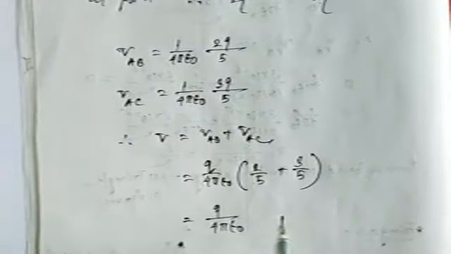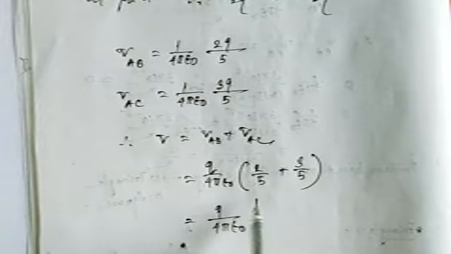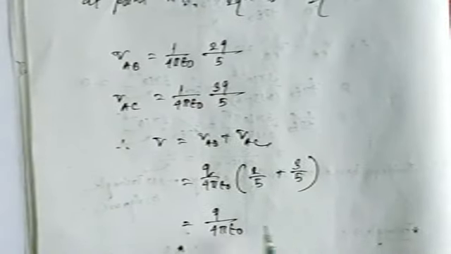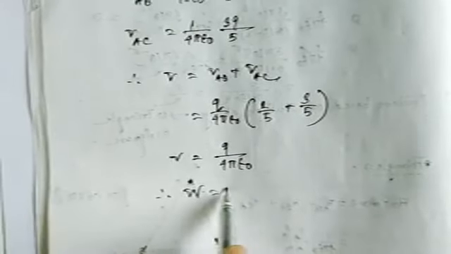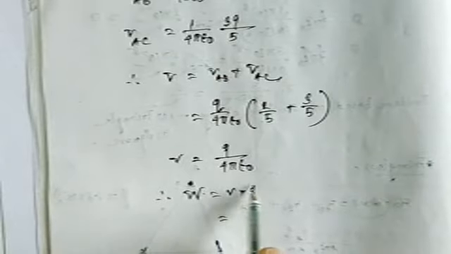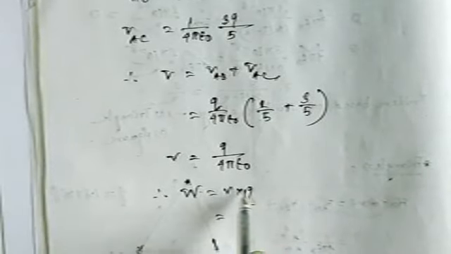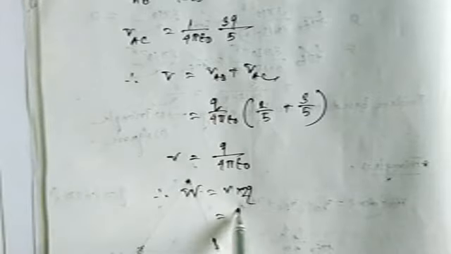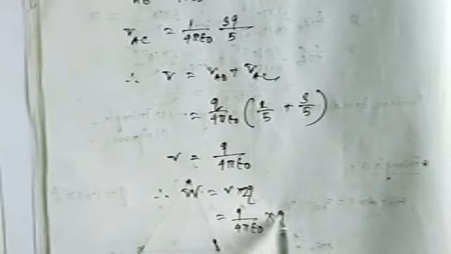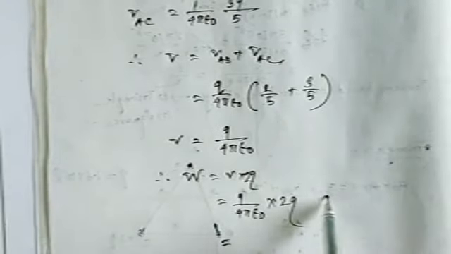So 5 is the LCM. 2 by 5 plus 3 by 5 is 5 by 5, so 5 cancels out, meaning Q by 4 pi epsilon naught only. Now work done W equals V into Q. That Q means whatever charge we want to put, and we want to put plus 2Q charge. Therefore Q by 4 pi epsilon naught into 2Q will give us the total work done required, and its unit will be joule, of course.